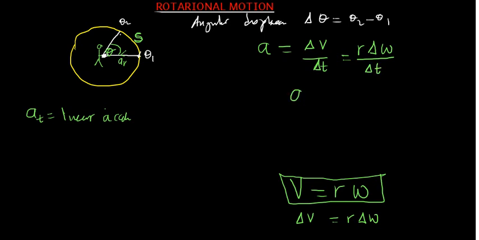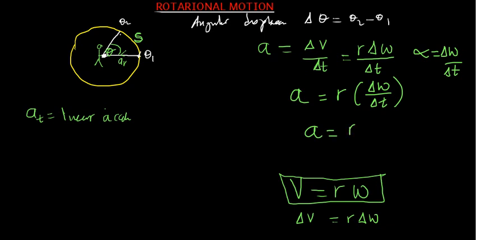So linear acceleration is equal to r times delta omega divided by delta t. Well, we know that change in angular speed divided by time gives us angular acceleration. So angular acceleration is given by change in angular speed divided by change in time, and so acceleration in the linear form is equal to radius times angular acceleration.